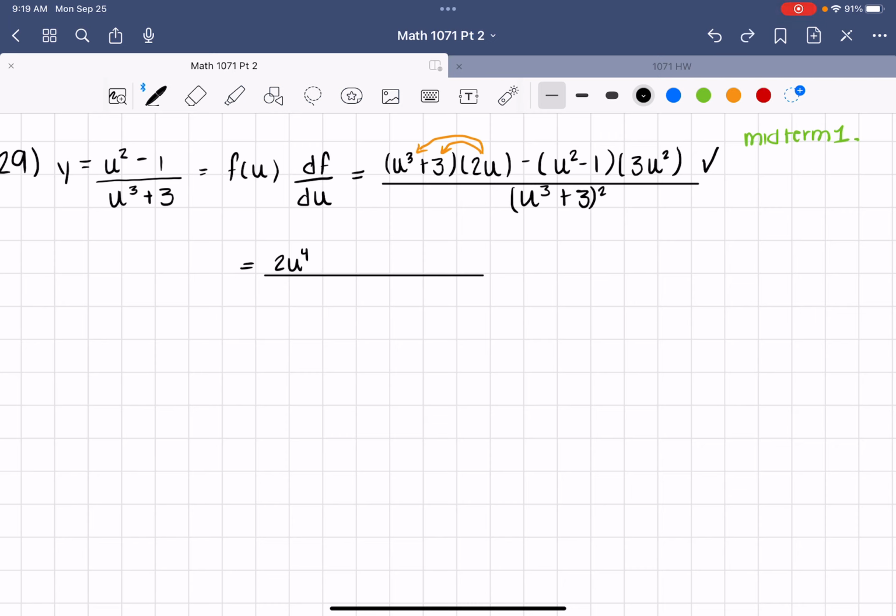And what am I getting here? 3u to the 4th minus 3u squared. Is that okay? I distribute the 3u over the parentheses, and I have u cubed plus 3 squared.